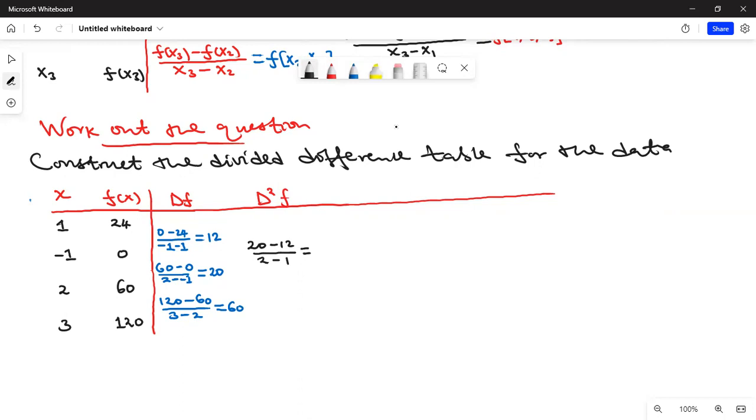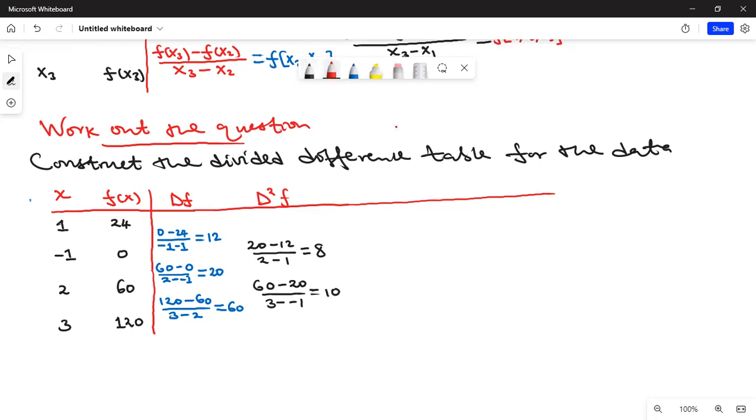And this will give us 8 over 1, which is simply 8. The other one is 60 minus 20. The extreme x values are 3 and negative 1, so 3 minus negative 1, which is 4. 40 over 4 should give us 10.